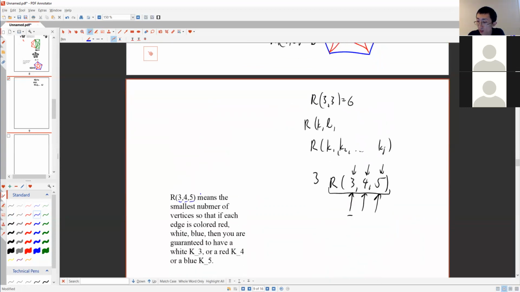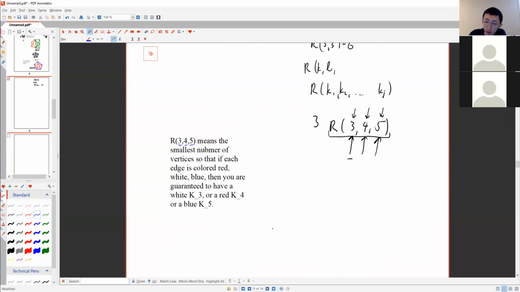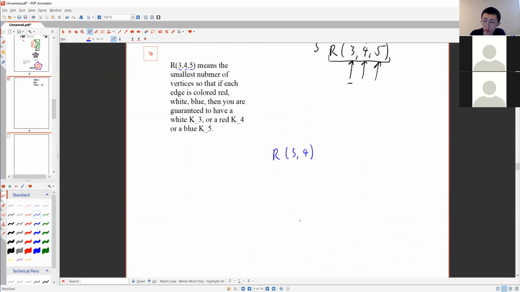But let's see if we can do this for R3,4. I think this might be 9 or 10. Let's just try figuring it out.